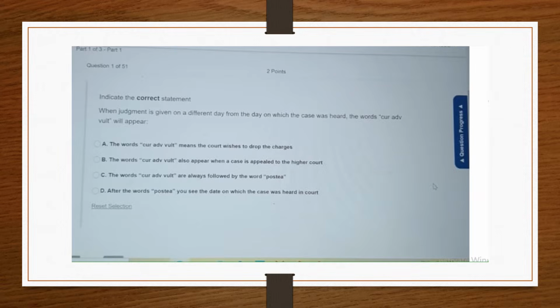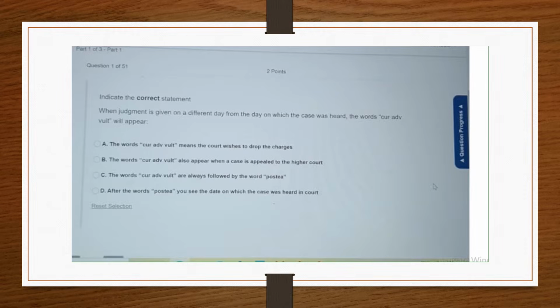Question 1 says, indicate the correct statement. When judgment is given on a different day from the day on which the case was heard, the words curia advisari vult will appear. Okay, the ADV vult, it's short for curia advisari vult. That is Latin.